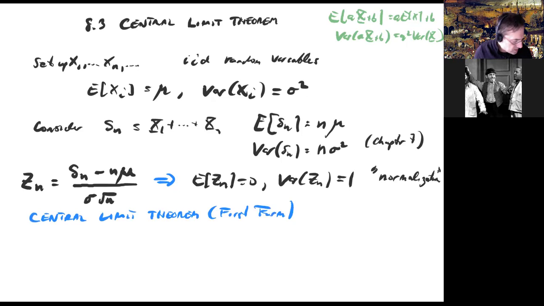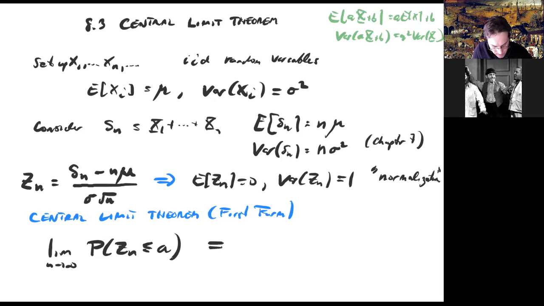Okay, it goes like this. So we have this random variable Z sub n, we can look at its distribution, its cumulative distribution function. In other words, the probability Z sub n is less than or equal to a. Now, let's take the limit as n goes to infinity. So that means we're looking at bigger and bigger samples. Then the statement is in the limit, this is exactly equal to the probability that Z is less than or equal to a, where Z is a standard normal.